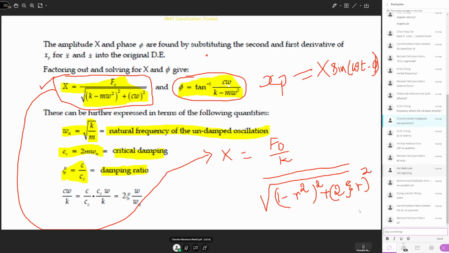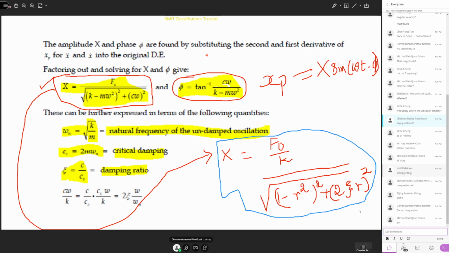So we can also write the amplitude as shown here. I wish all of you to note down this. So the same equation you can simplify and you can also write in this format.